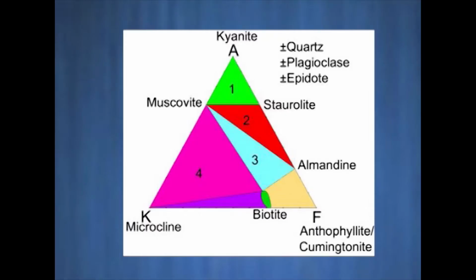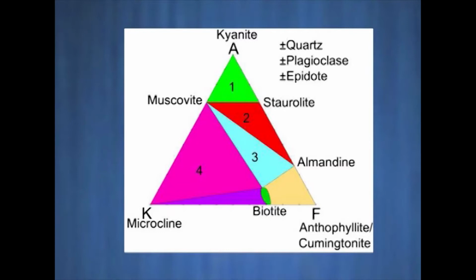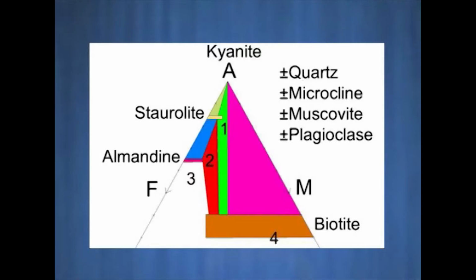Now, the sixth assemblage is almandine, biotite, muscovite plus or minus microcline plus or minus plagioclase plus or minus quartz, also known as almandine biotite schist. Seventh is biotite, muscovite, microcline, plagioclase, quartz, also known as biotite schist. Eighth is muscovite, almandine, biotite, epidote, plagioclase, quartz, also known as muscovite biotite garnet schist.